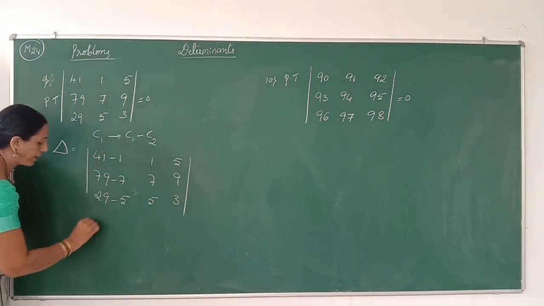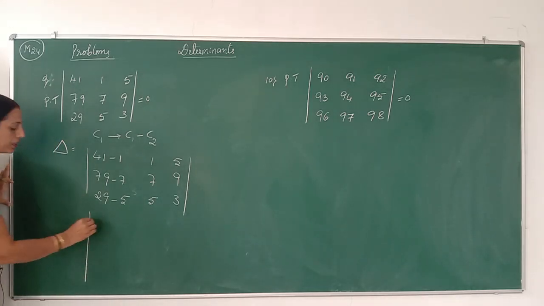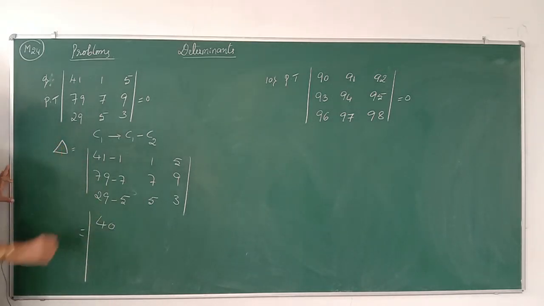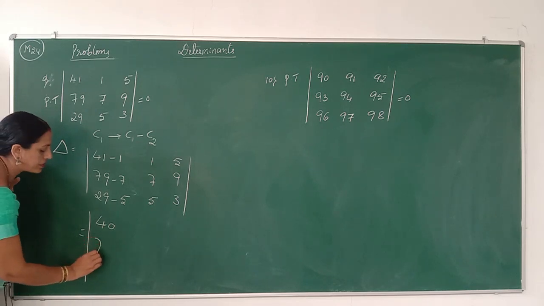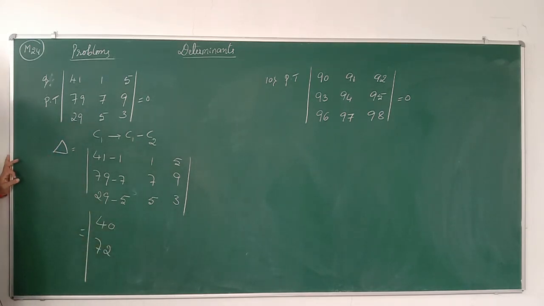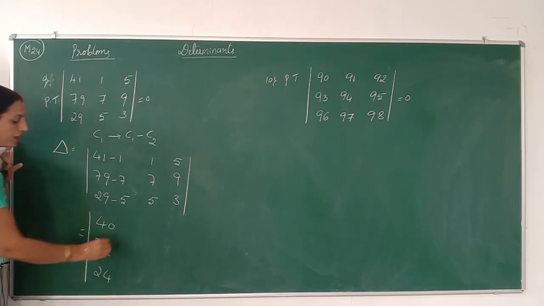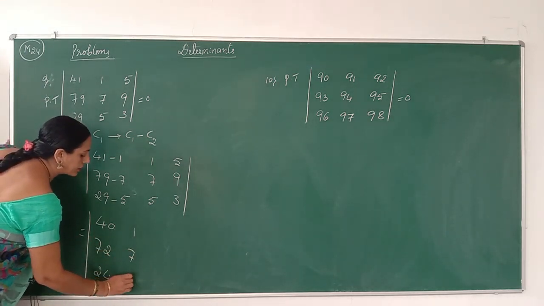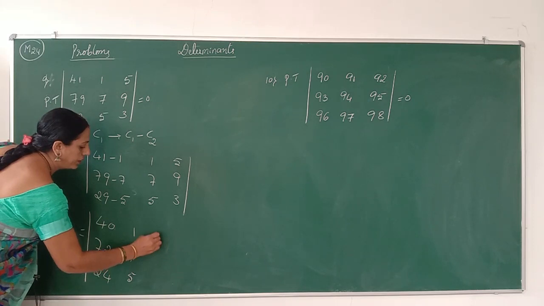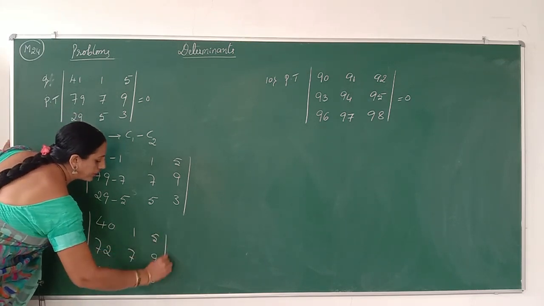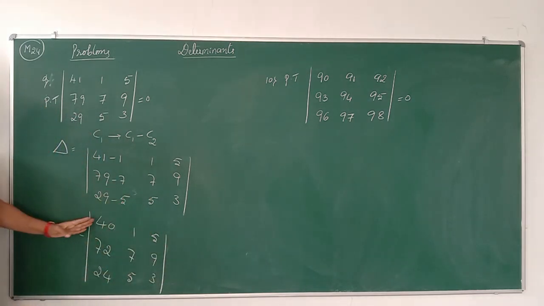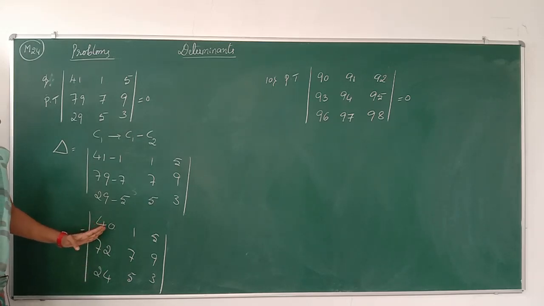Then let's simplify. 41 minus 1 is 40, 79 minus 7 is 72, 29 minus 5 is 24. Again, the second and third columns are 1, 7, 5 and 5, 9, 3. Then we observe that all the elements of the first column are multiples of some number.